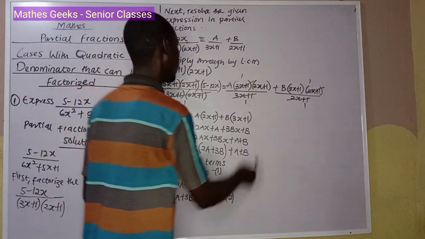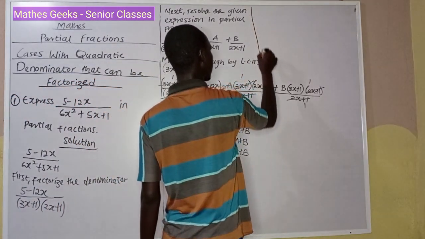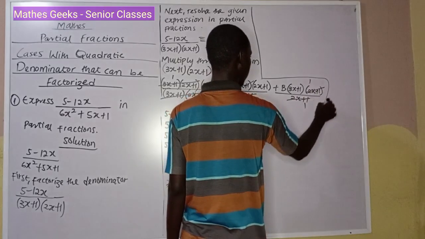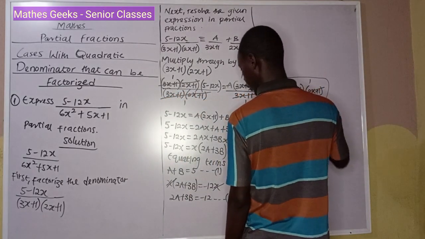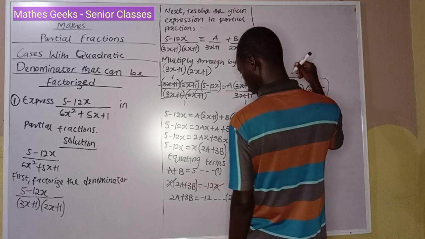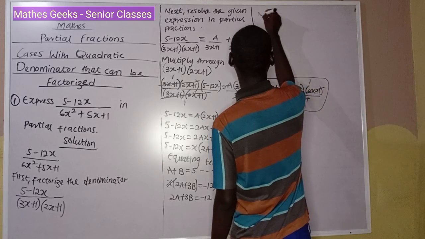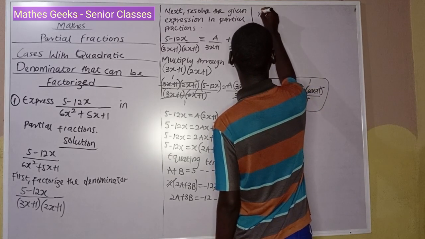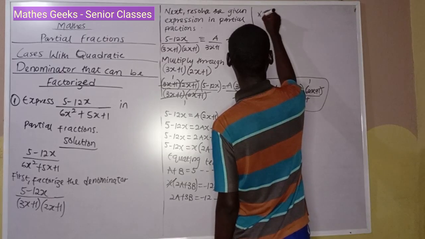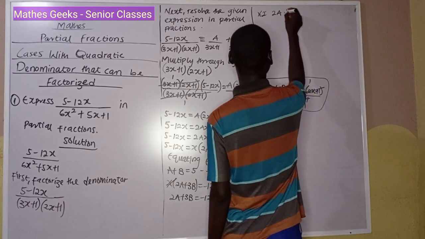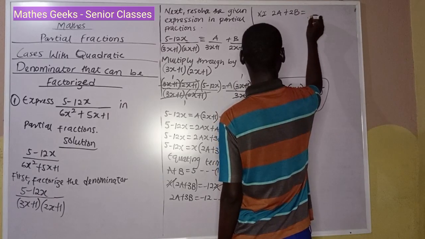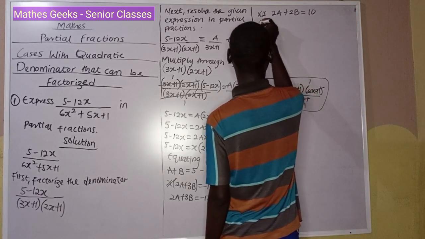Okay, so I'm going to multiply equation 1 by 2. This will be 2A plus 2B is equal to 10.